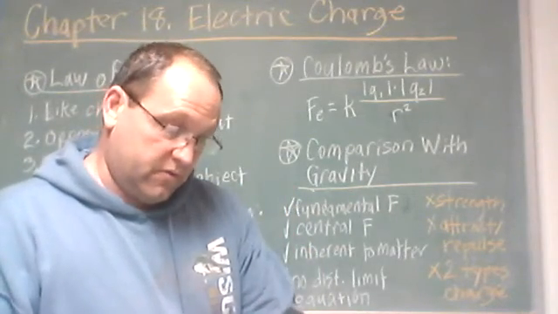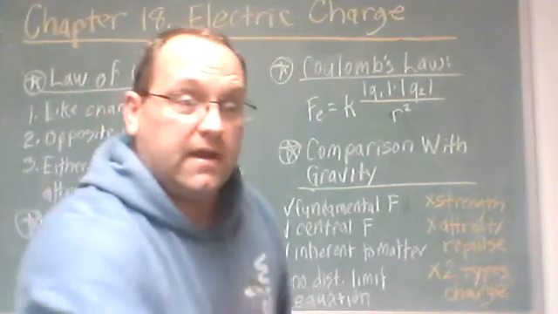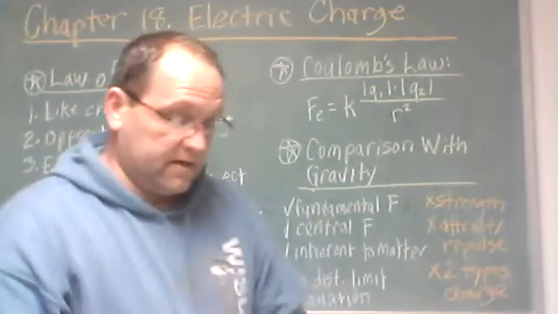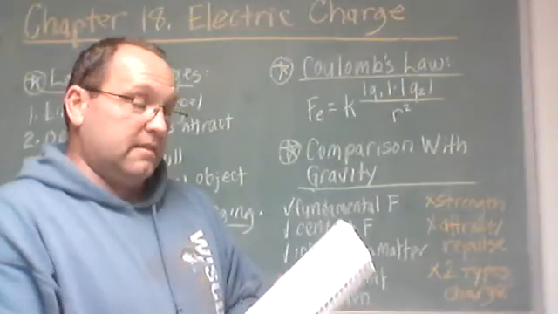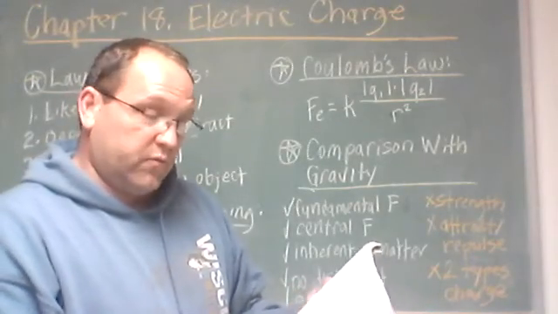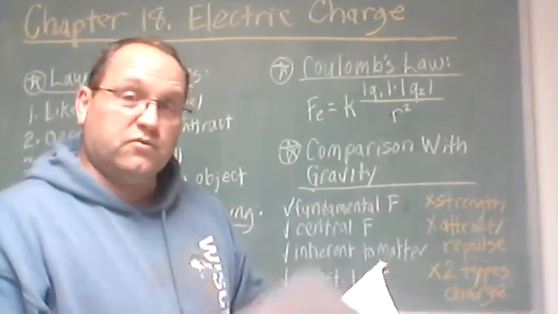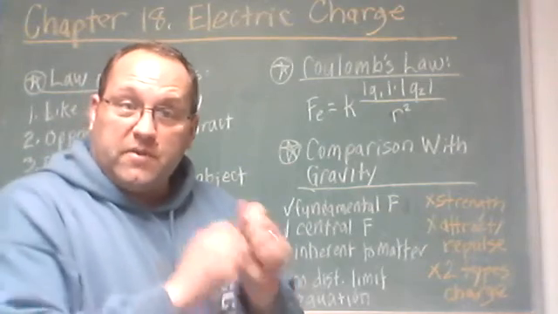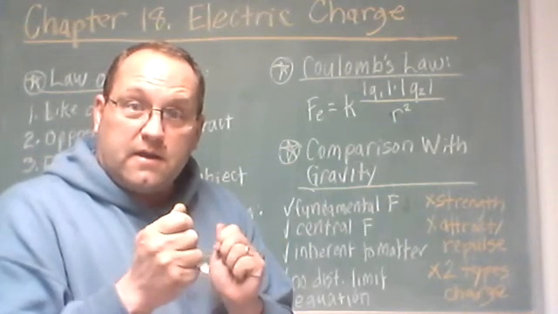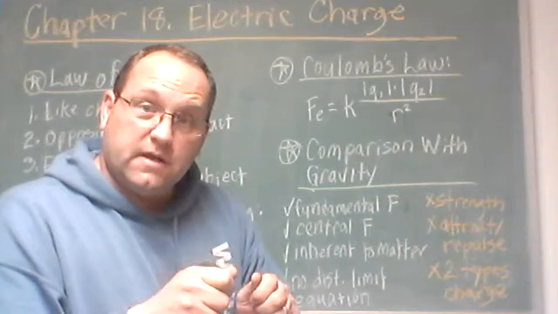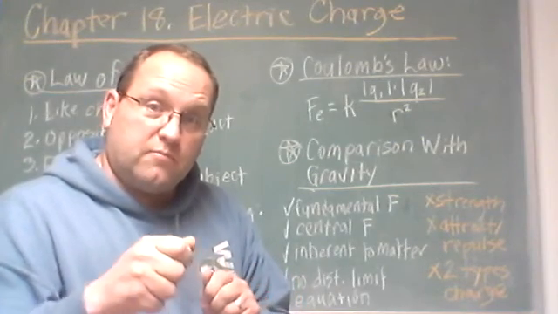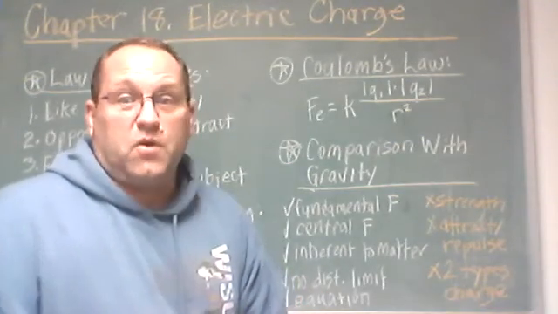So those are all the notes I had. If you would like, as I said, you can start reading ahead. Lab 4.1 is a real simple lab. We're going to be doing those friction experiments with the rods, charging rods electrically, and then bringing other charged rods in close proximity to them.